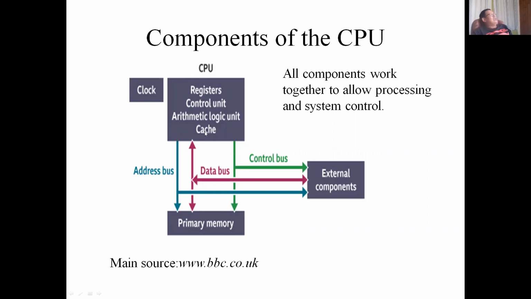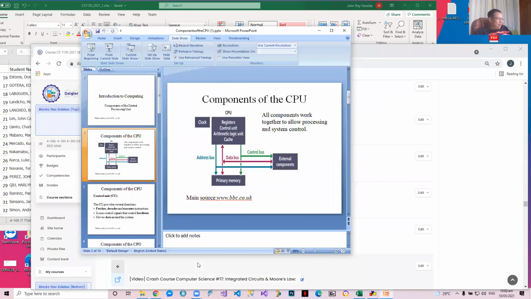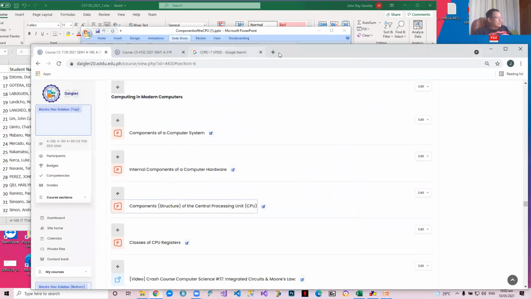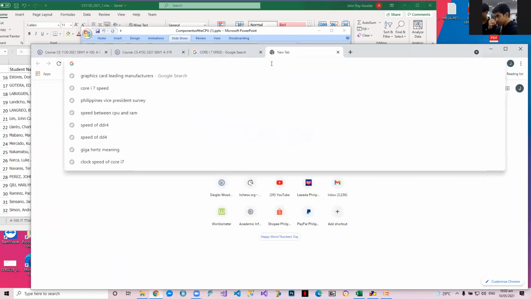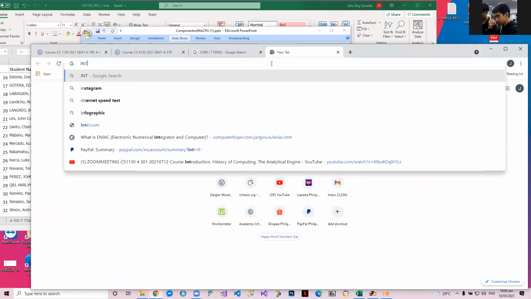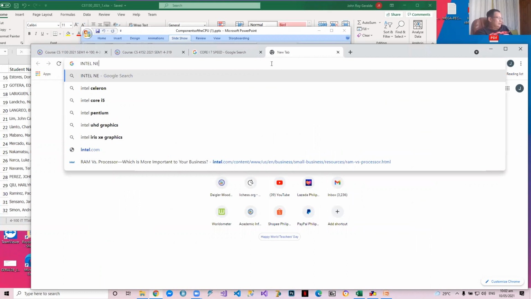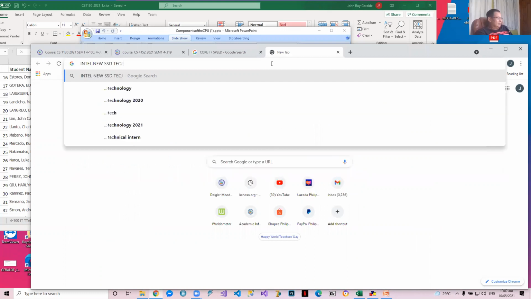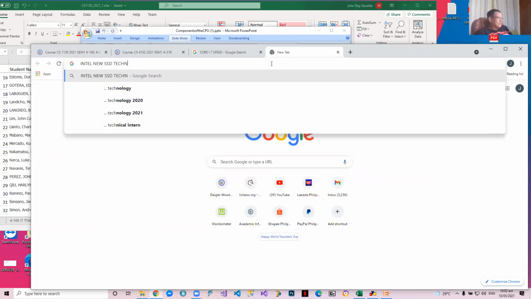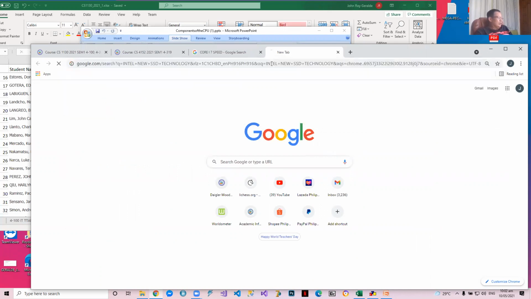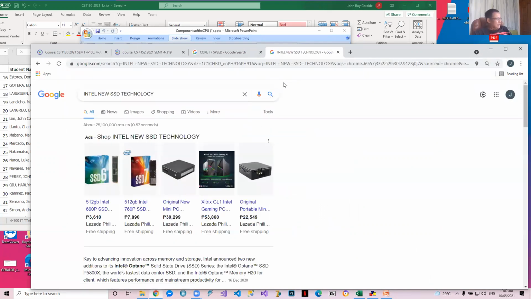Okay. Nowadays, there's a hard disk being developed by Intel, Intel technology, no, which is almost as fast as the RAM. Last year pa ito, no? 2019 or 2020.